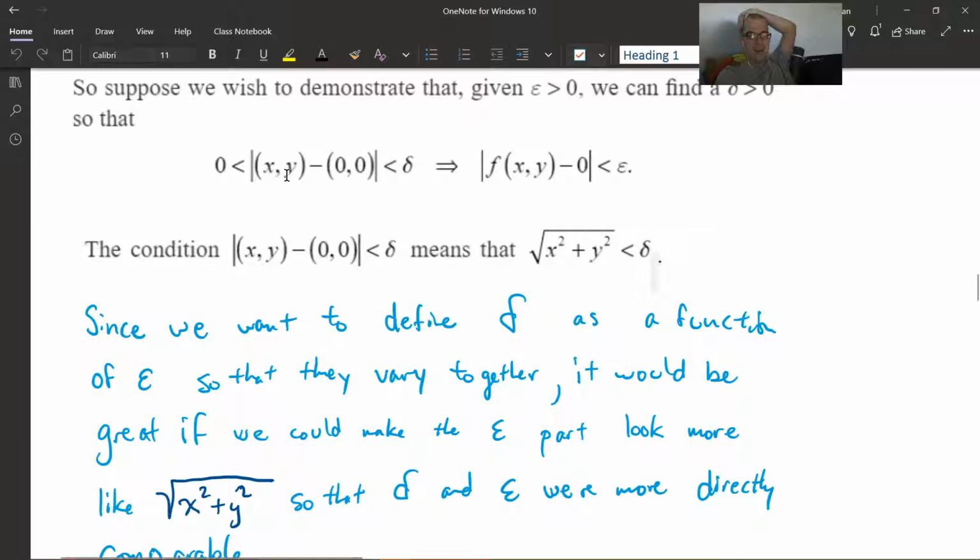Again, we've got the distance between an arbitrary point x, y and the point in the domain that we're approaching, 0, 0, should be less than delta, and then the difference in z values should be less than epsilon. And again, just to remind you, this is the distance between 2 points, this distance formula that we're accustomed to. It's just the Pythagorean theorem.